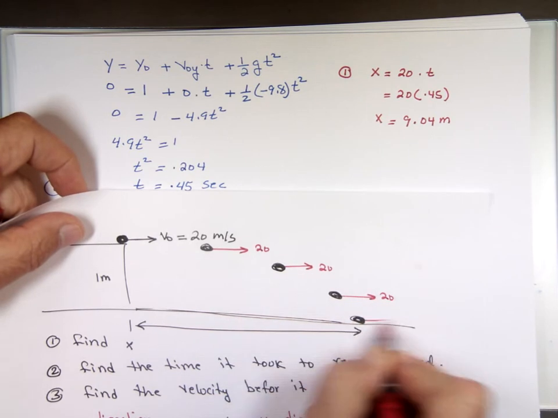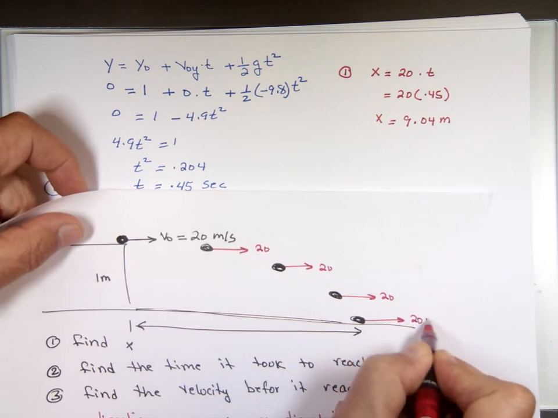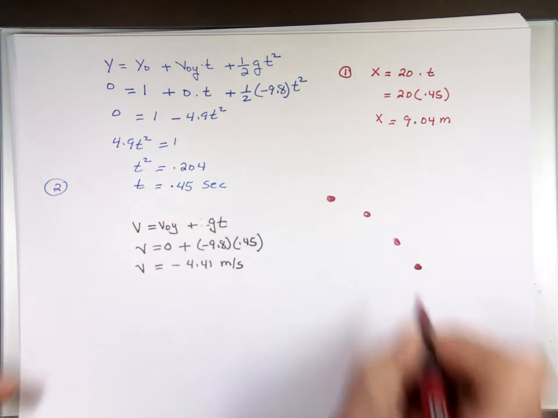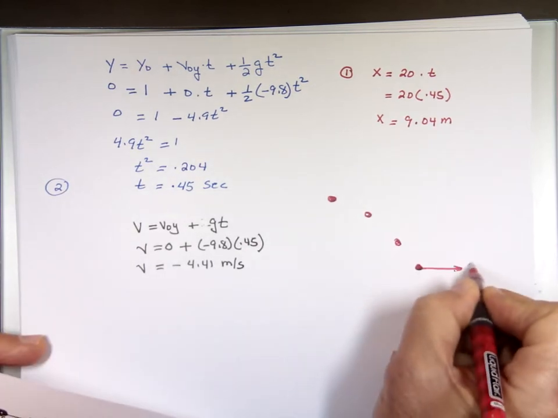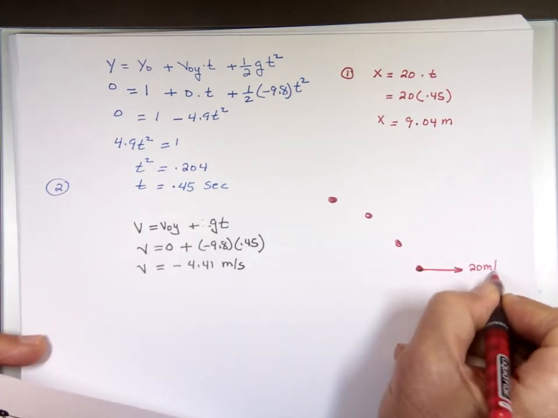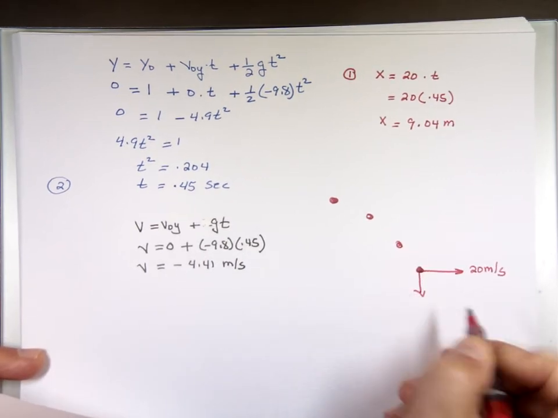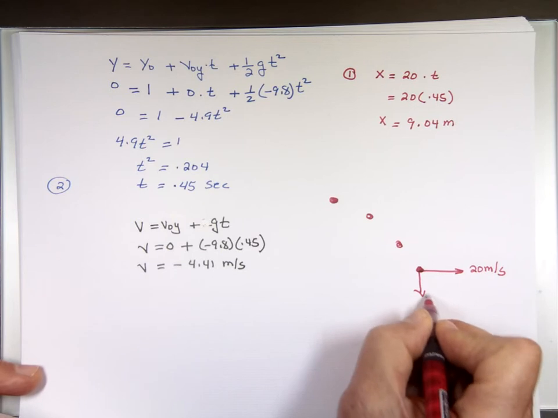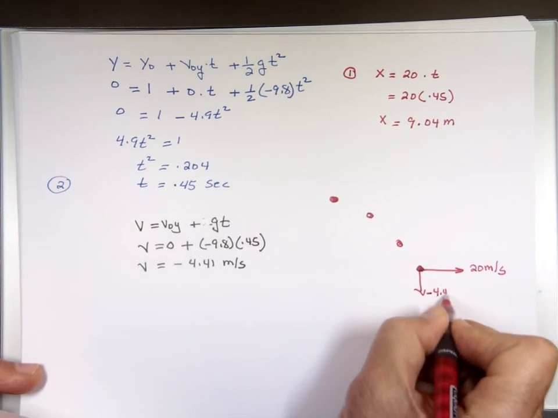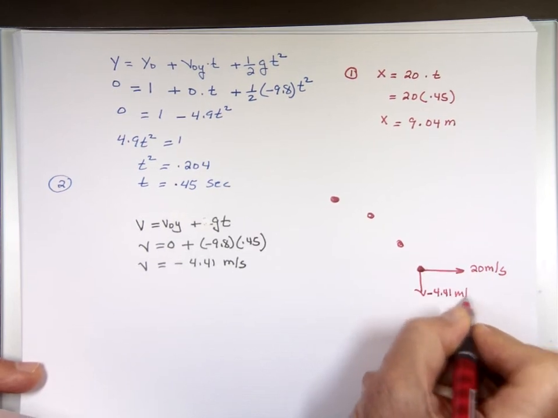So right before it hits the ground, that number is 20 meters per second. I also get a velocity in the y direction of negative 4.41.